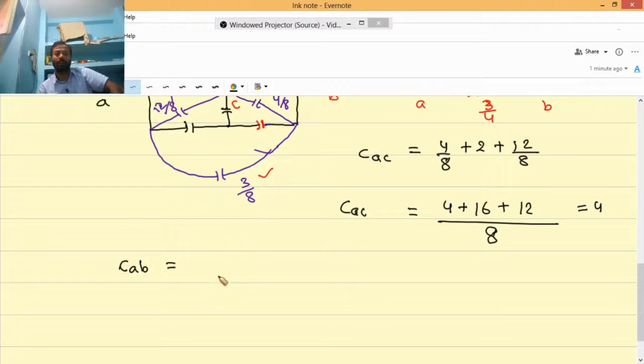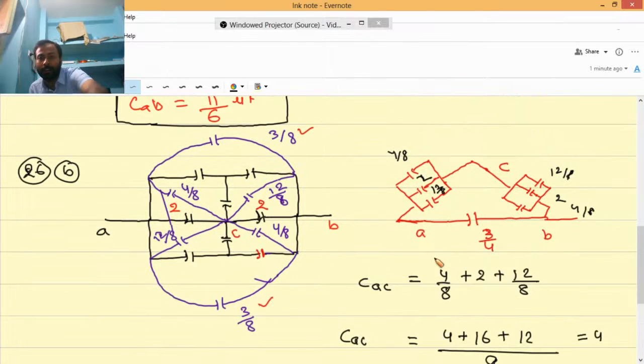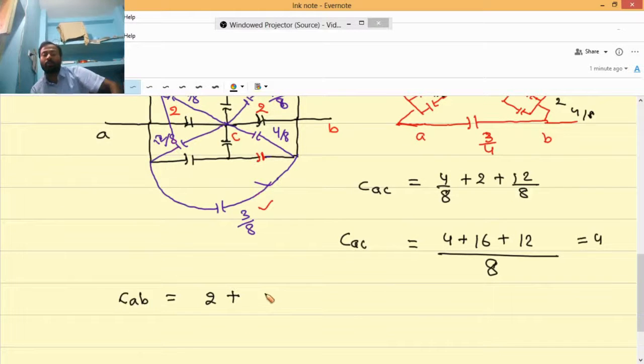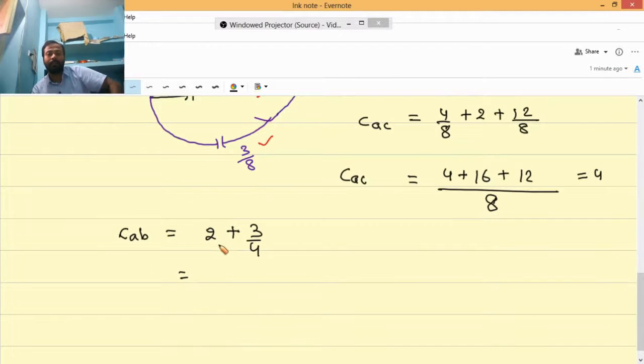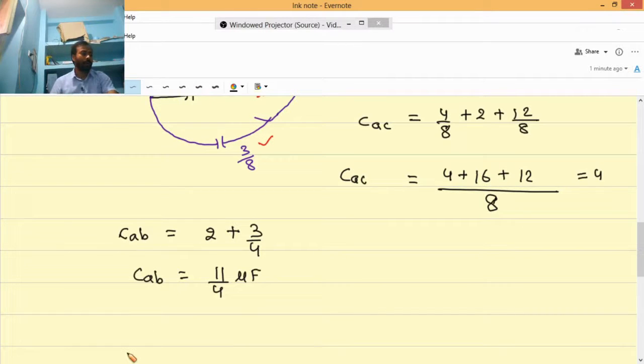For its series value it will be 2 plus, and one more term, that 3 by 4, is there, which is in parallel, so we will write it as 3 upon 4. So this value will be 8 plus 3, so 11 by 4, and in terms of microfarad, C A B will be 11 by 4 microfarad.